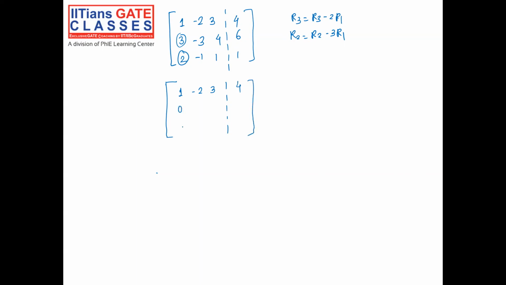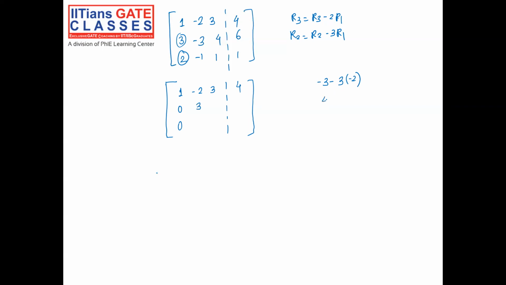These two numbers will become 0, 0. Then minus 3 minus 3 times minus 2, which is 6, so 6 minus 3 is 3.